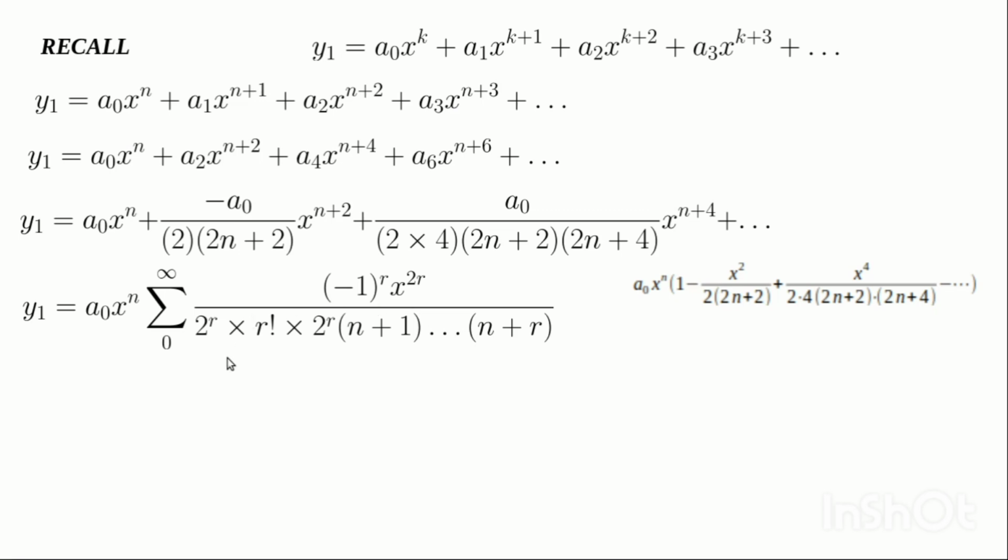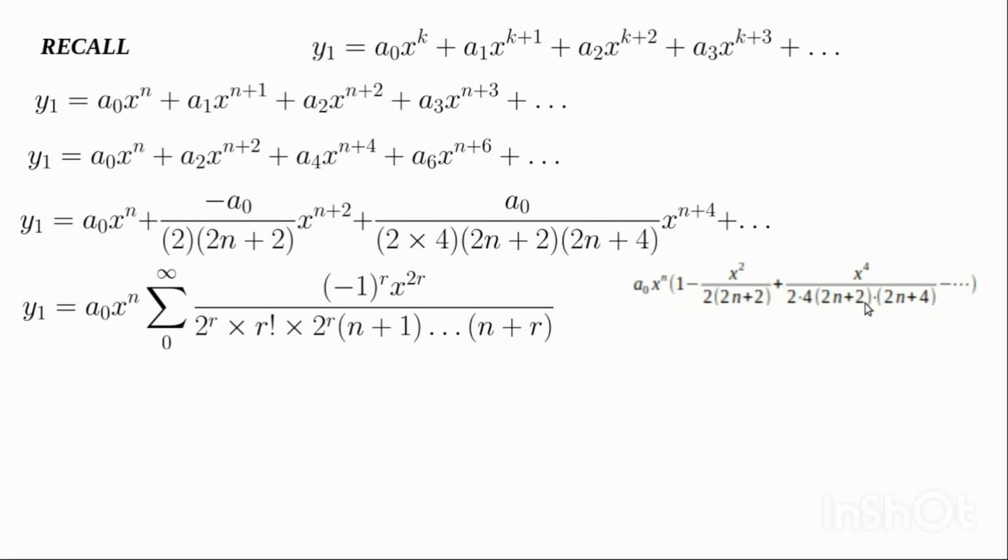Now, how did we get this term? If you notice, there is 2 here, there is 2 here. We can factorize 2 out from this point. 2 will come out, 2 will come out. We are left with 1.2. So that 2 that is here and 2 that is here will be 2 raised power 2, which is 2 raised power r. We are left with 1.2, which is r factorial.